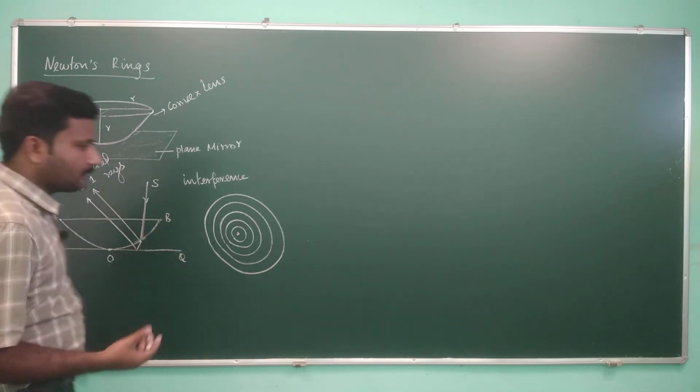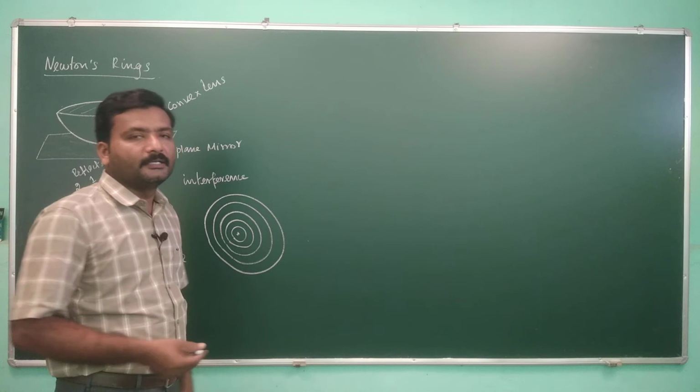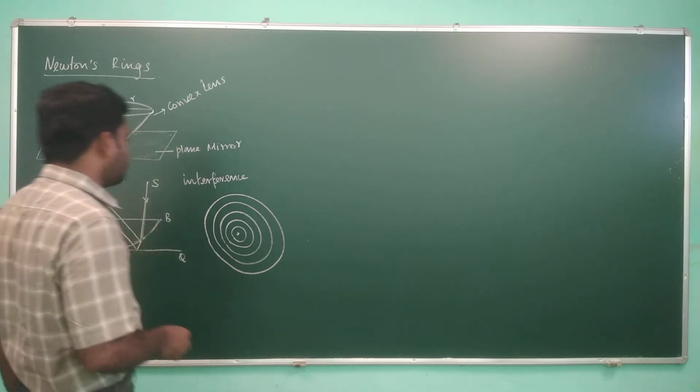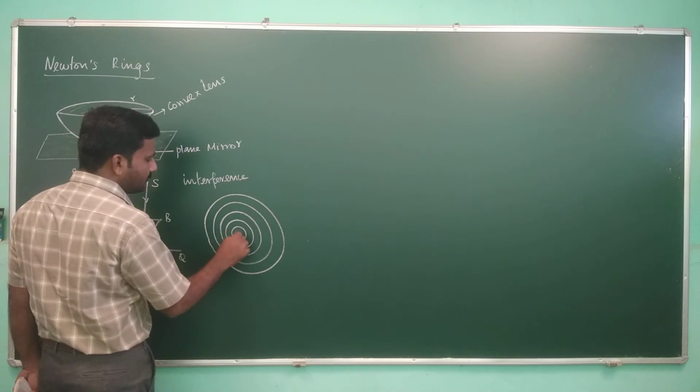Wherever there exists constructive interference, the bright fringe occurs, and wherever there exists destructive interference, dark fringes occur. All these circles have a common center.